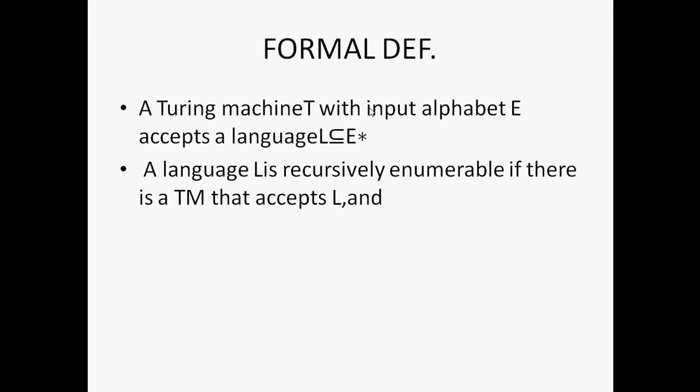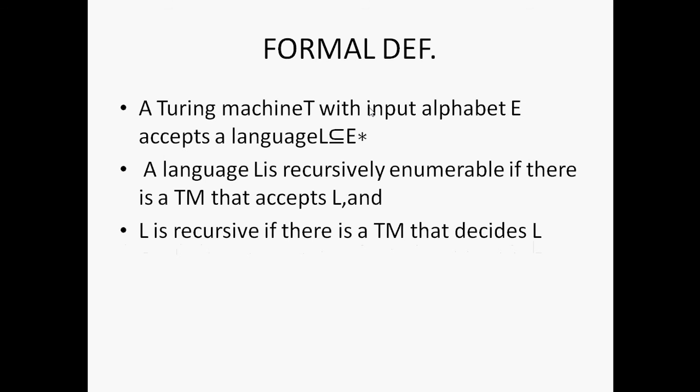The language L is recursively enumerable if there is a Turing machine that accepts L. If there is some Turing machine that accepts L, that language is known as a recursive enumerable language. And if L is decidable, that is, the Turing machine decides L, then that language is known as a recursive language.